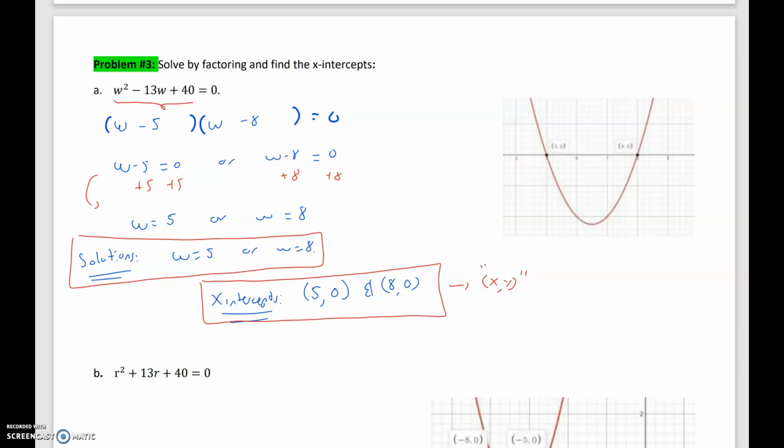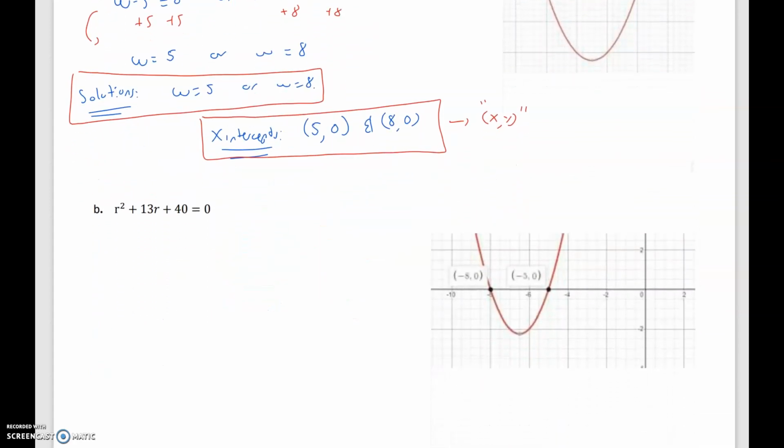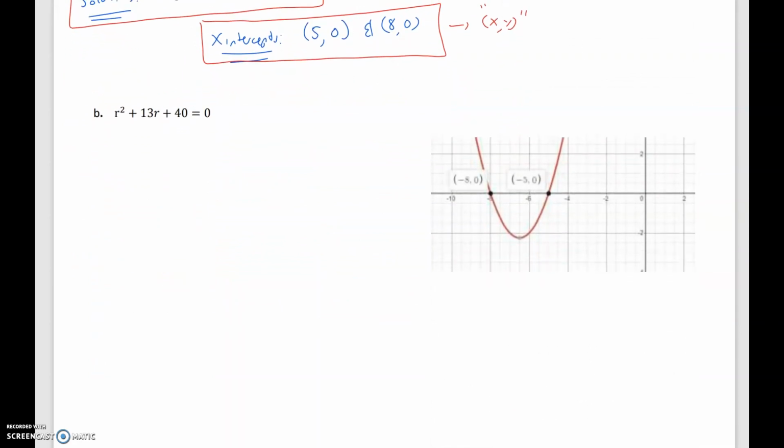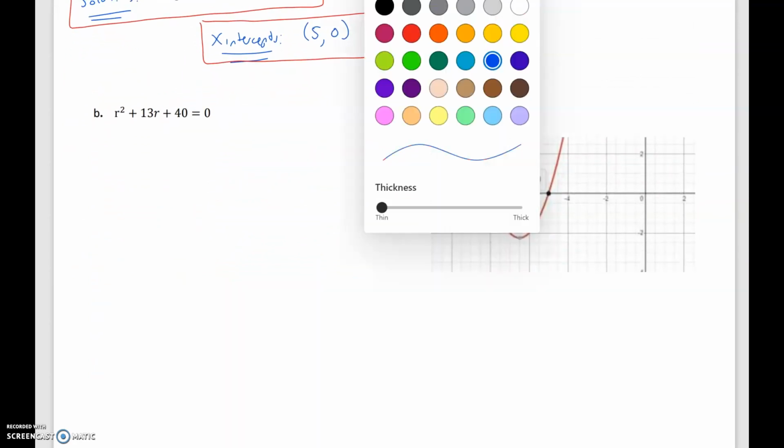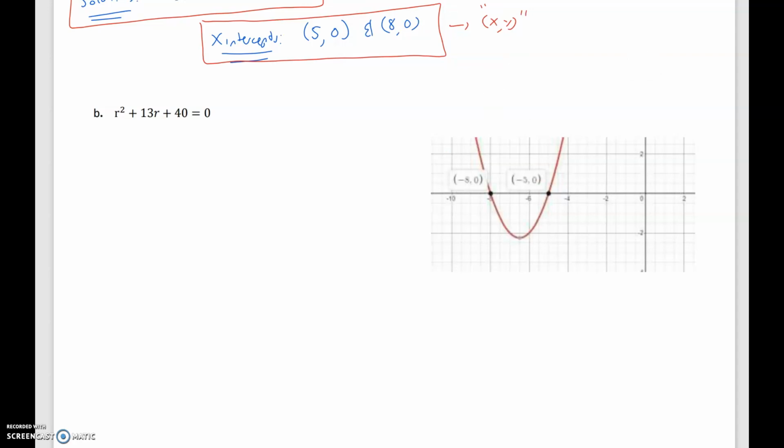Now let's take a look at another problem which is almost identical. It just has a change in the sign. So in this case, they're using r's for the quadratic. So this will be r and r, two numbers that multiply to 40 and add to negative 13.